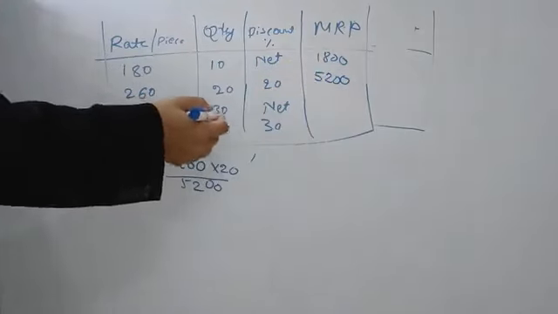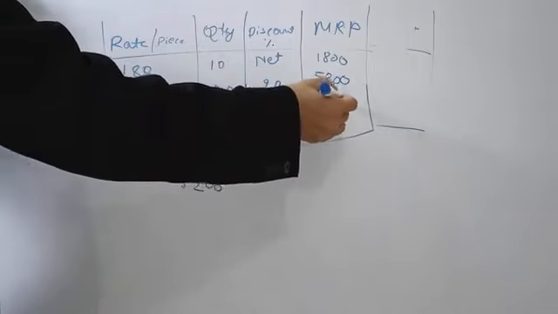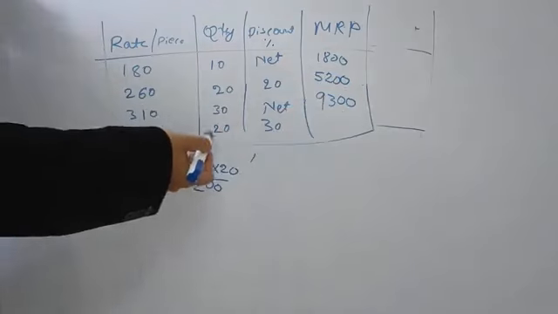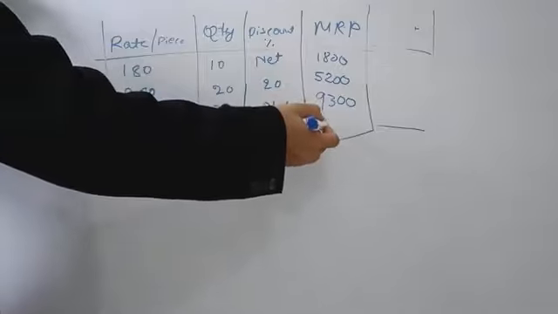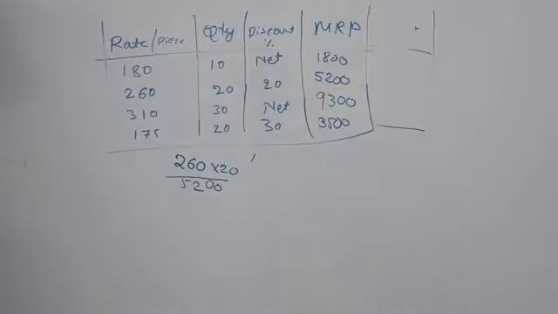Then 310 into 30 is 9300. And 175 into 20 is 3500. We are not calculating the discount yet.